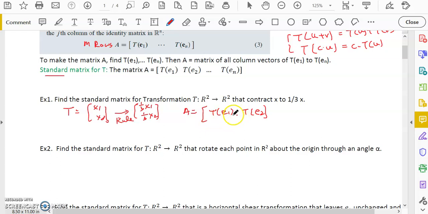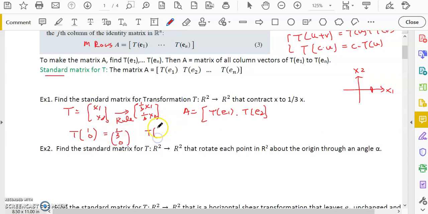So what is e1? e1 is 1, 0. So I'm going to do T of 1, 0. Why? Because the x1 axis is this, and we call this the x2 axis. So this point is 1, 0. If I do 1/3, then 1, 0 becomes 1/3, 0.